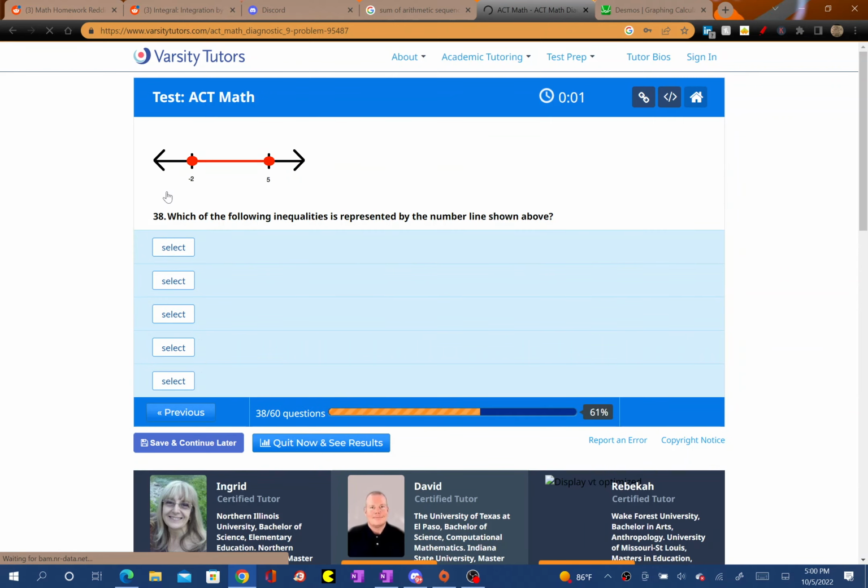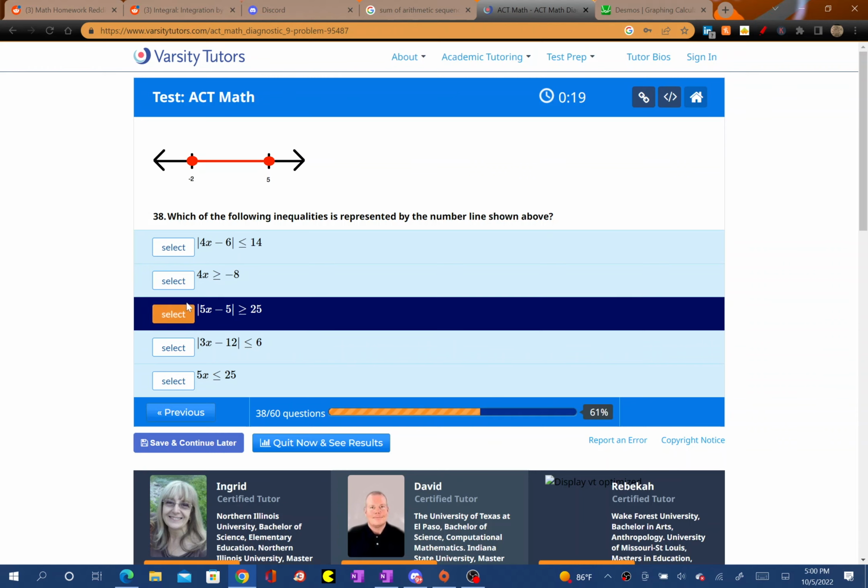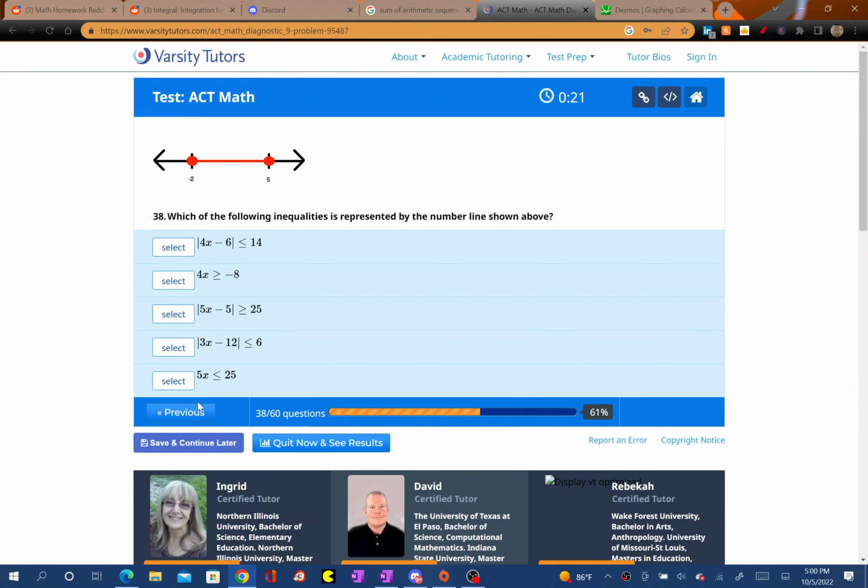Alright, which of the following inequalities is represented by the number line shown above? So, you know that when, okay. Oh, okay. Alrighty. We're gonna have to do this, actually. So we know it can't be the last one.